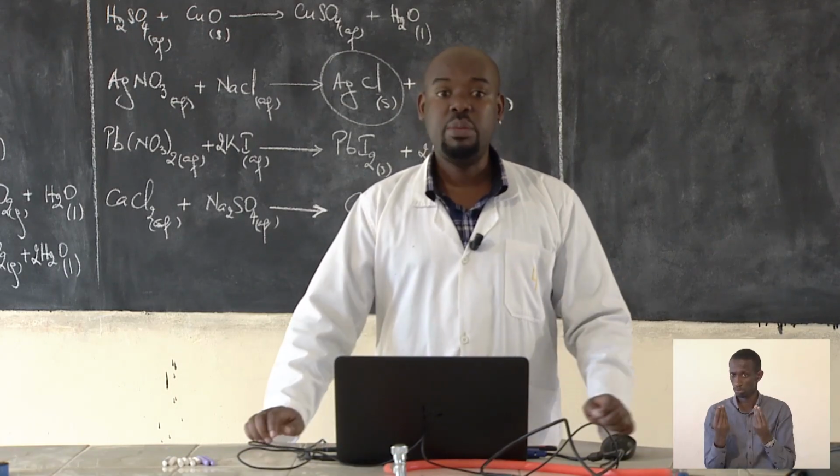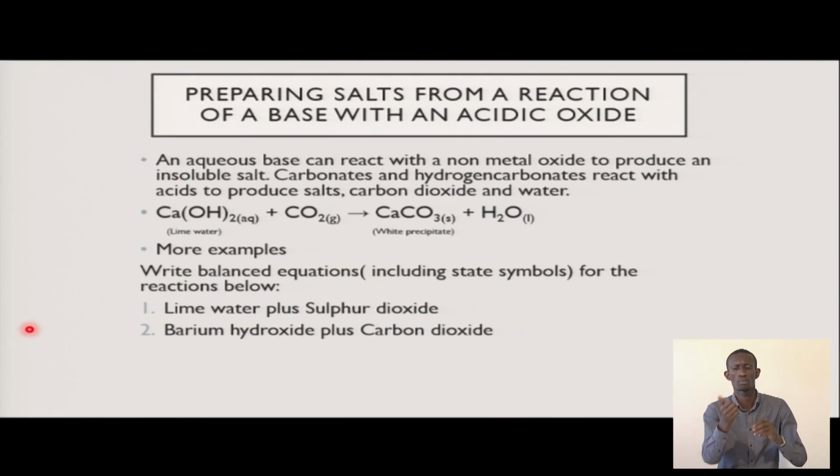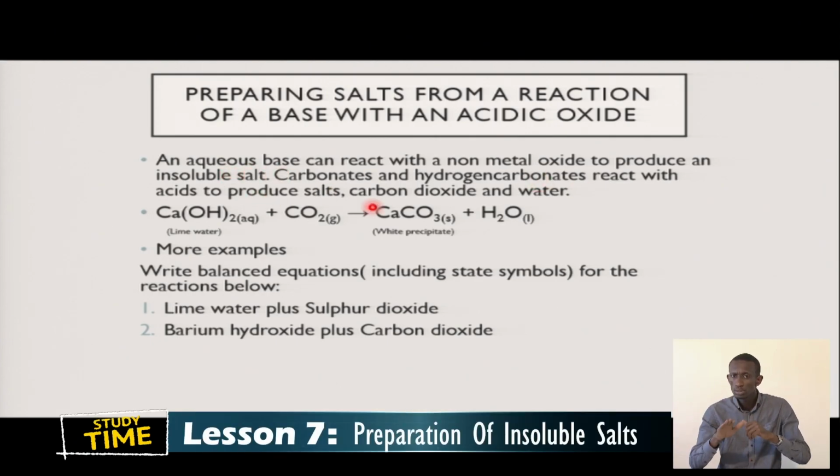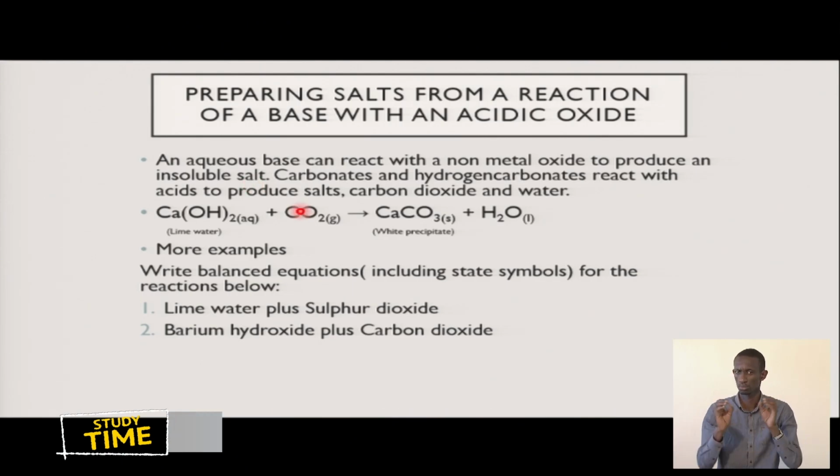But there is another method we can use. Here we have a text explaining what we do. An aqueous base can react with a non-metal oxide to produce an insoluble salt. It's possible. We have the example here.